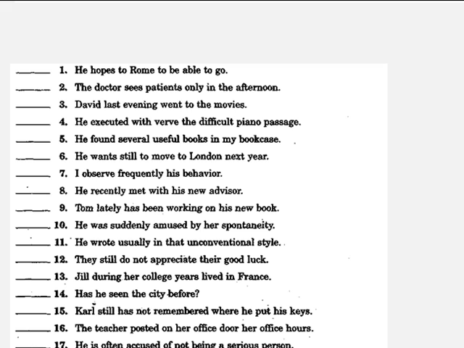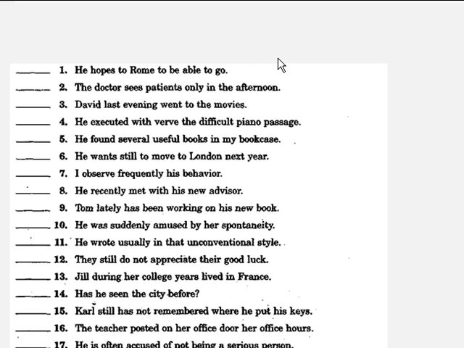Now below here is a quiz, and we are instructed to write whether it's right or wrong. In this particular situation, let's take the first sentence: He hopes to roam, to be able to go.